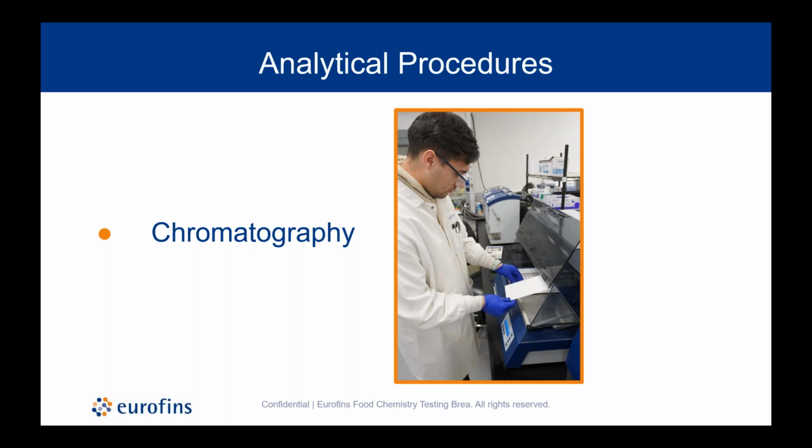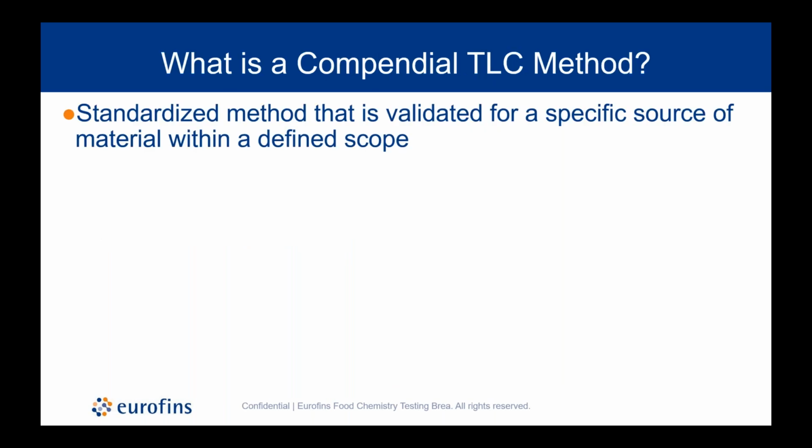The standards and samples that are prepared are then entered into the auto sampler for application onto a TLC plate, which you can see our chemist holding a TLC plate in this image, and that's when the chromatography begins.